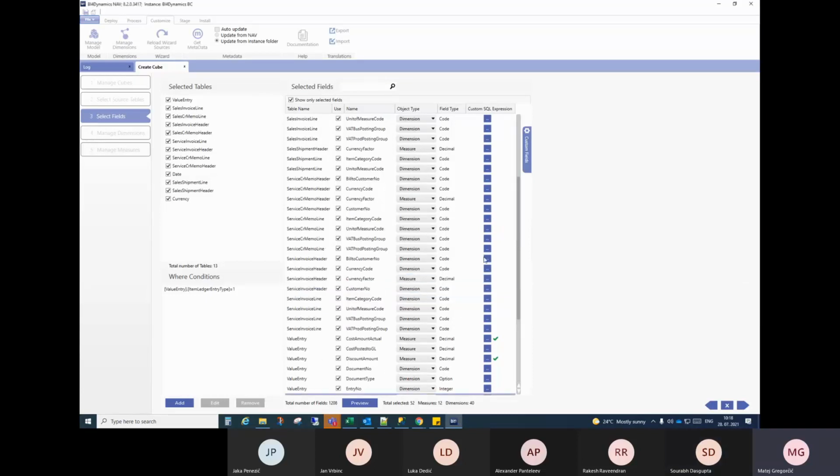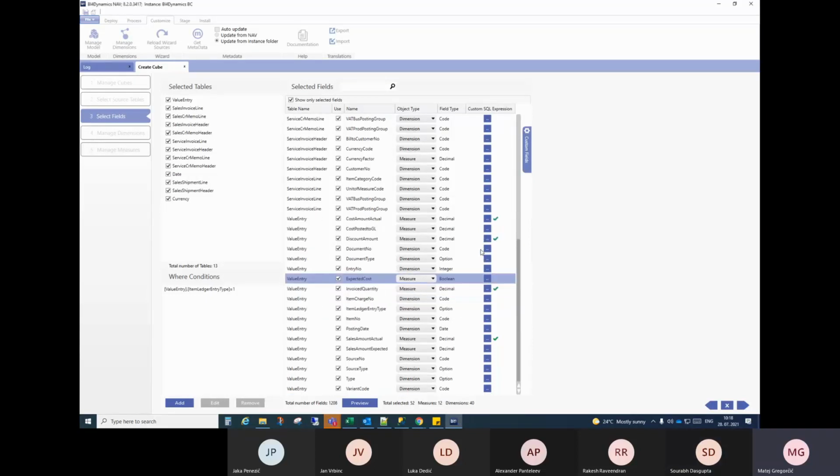So we're already using this functionality, which wasn't used on Dimension, and the other thing I mentioned is dimension or measure, so we decide what it is. Apart from that, we have the where condition that we already saw. Here it makes sense because the value entry table in Navision has data from other business modules as well.